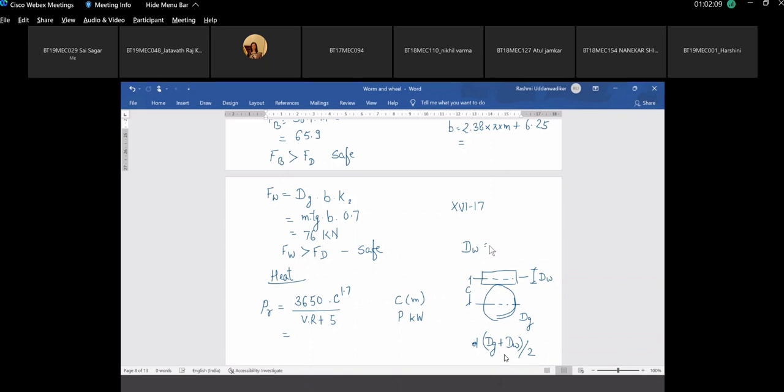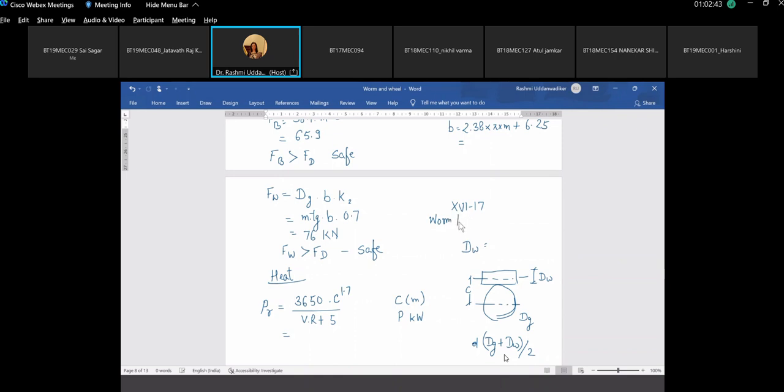There are two options given. One is the pitch diameter of the worm when the worm is bored on the shaft, which means the shaft is separate, the worm is separate, and we place a key. Or there is the worm which is integral with the shaft, which means they are manufactured as a single piece. So we can assume one of them. Let us say we are assuming the worm is bored for the shaft, which means the shaft is separate.